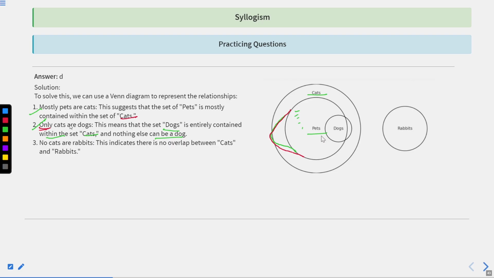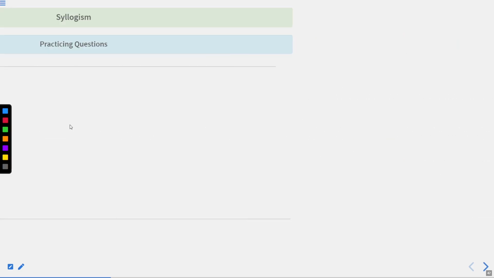Some cats are dogs. That is also true. And all dogs are cats. So this is what can be derived when you say only. Only cats can be dogs. Pets cannot be dogs. Rabbits cannot be dogs. Only cats can be dogs, according to this diagram. And then the third one is no cats are rabbits. So there is no linkage between cats and rabbits.